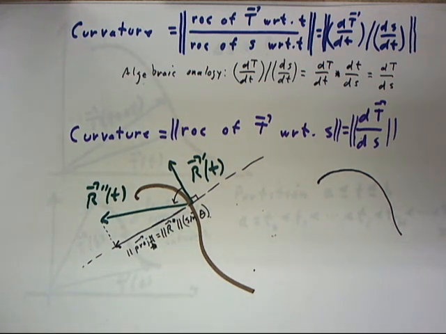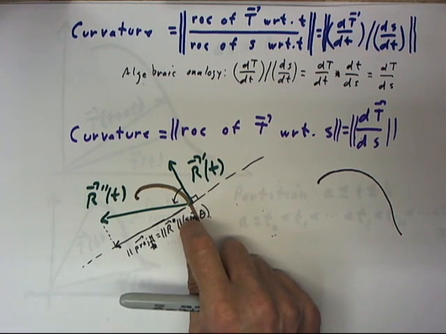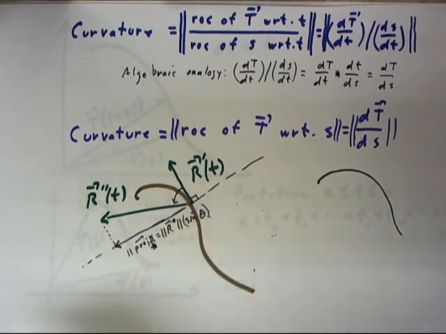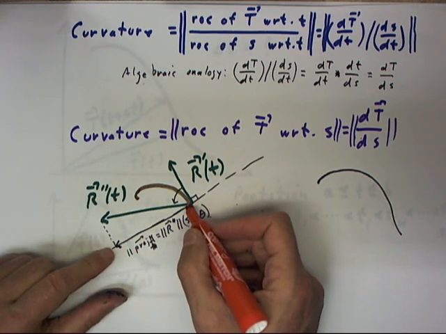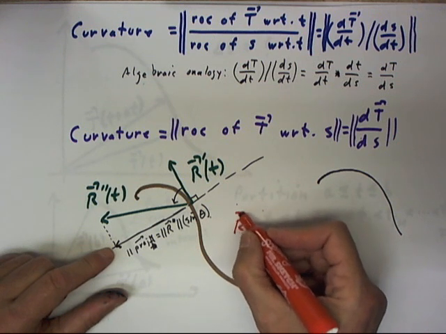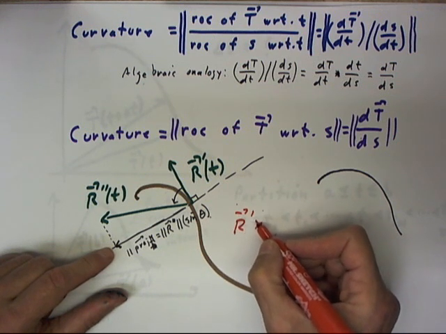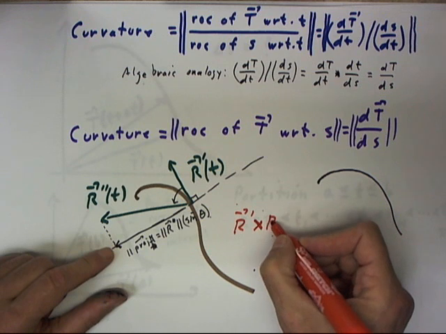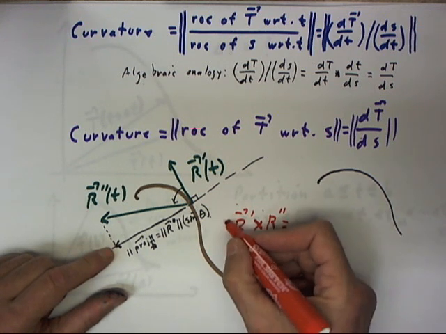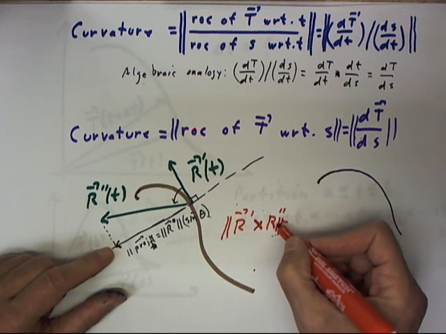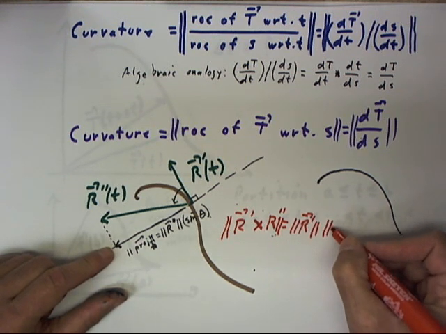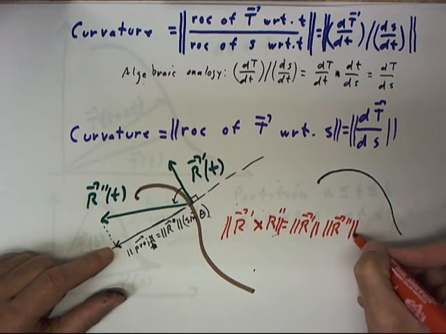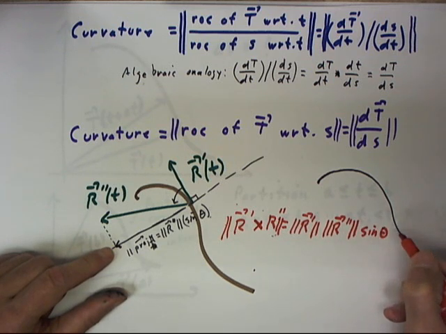Now, that motivates us to think about the sine of theta, where theta is an angle between two vectors. If we take r prime and do the cross product of r prime with r double prime, the magnitude of that cross product is the magnitude of r prime times the magnitude of r double prime times the sine of theta.